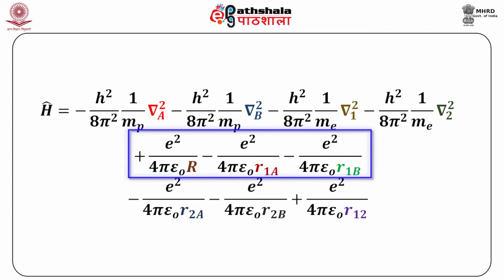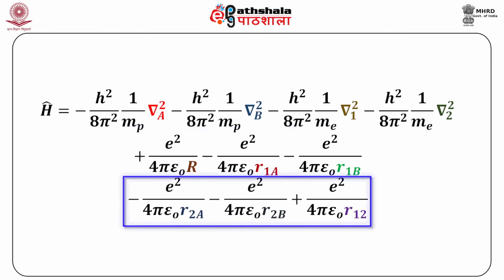And then we have another term, minus e square upon 4 pi epsilon 0 r1b, which represents the attraction between electron 1 and the nucleus B. Similarly, for electron 2 we have one attraction term, which is minus e square upon 4 pi epsilon 0 r2a, and the other term for electron 2 would be minus e square upon 4 pi epsilon 0 r2b.